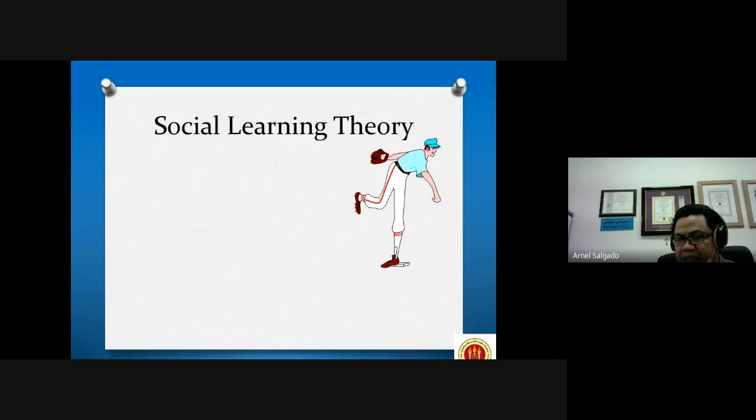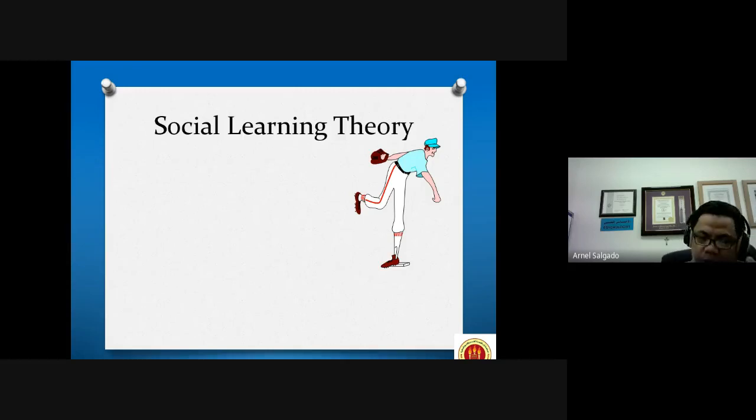You do not have any idea about how and what to do. So basically, the teacher here is just going to teach or demonstrate how to play. Like in pitching in baseball, you have seen the picture there. So you are going to demonstrate how to pitch. Then the student will actually follow. Then redemonstrate. Then after that, they will be on their own.